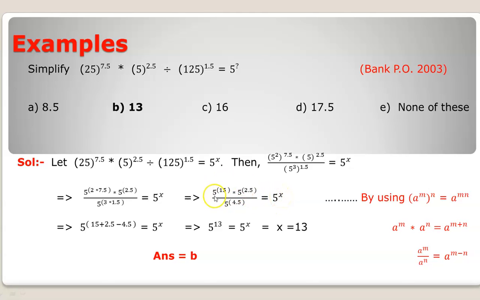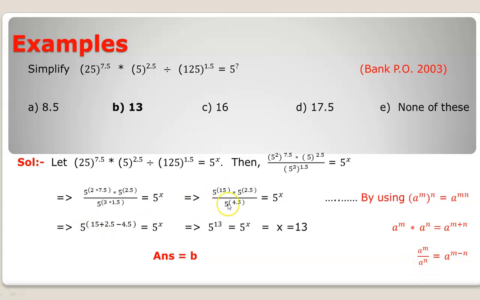Observe this term, all bases are equal. So in the next step, a raised to m into a raised to n is equal to a raised to m plus n. So in the numerator we add the powers, and in the denominator, a raised to m upon a raised to n is the division rule of indices, which is equal to a raised to m minus n, where the base is the same.